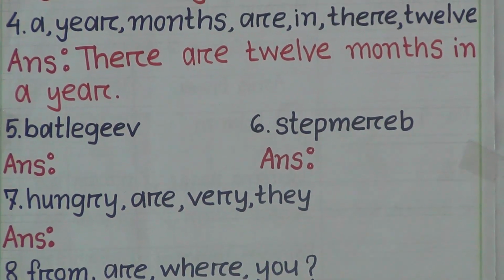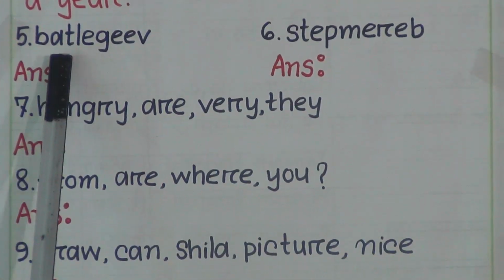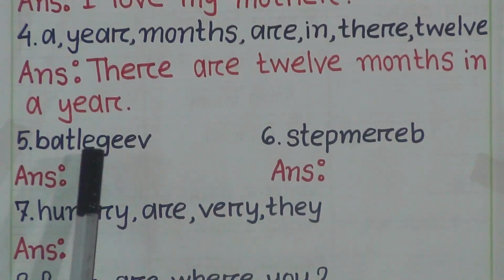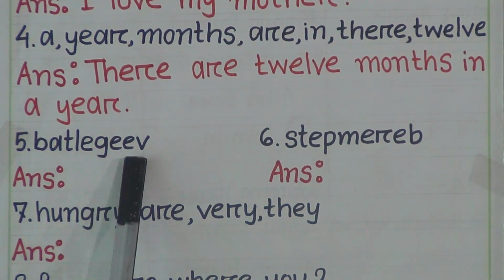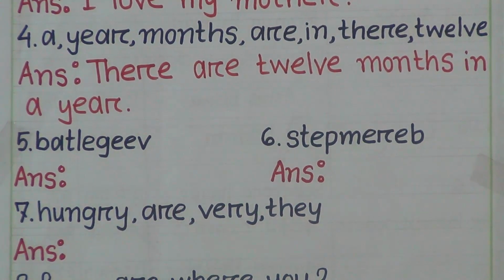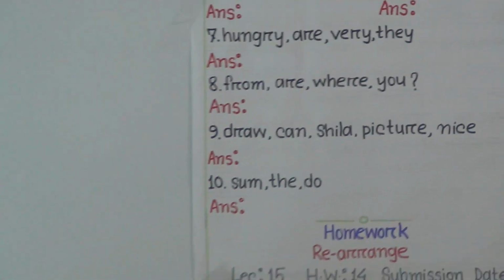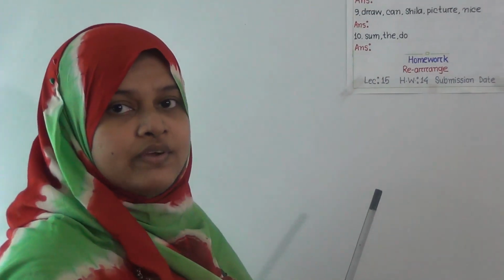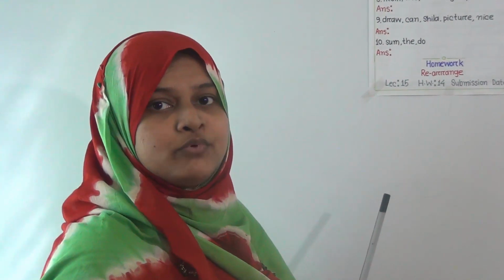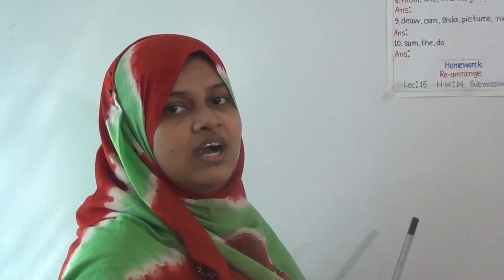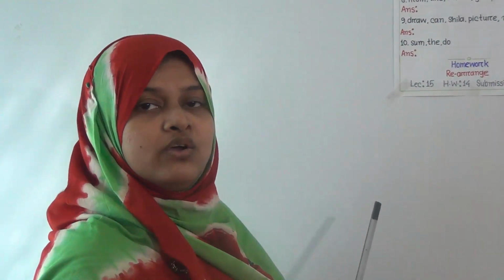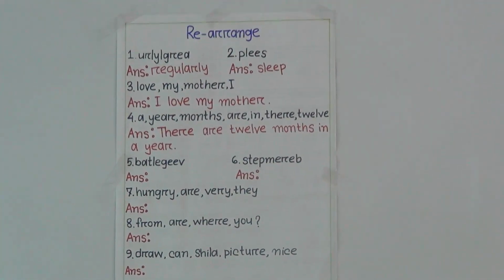Number 5, B-A-T-L-E-G-E-E-B. Students, this will be a word. Can you arrange? Okay, you have to arrange the letters and make a meaningful word. I hope you can guess the word. Yes, this will be vegetable.